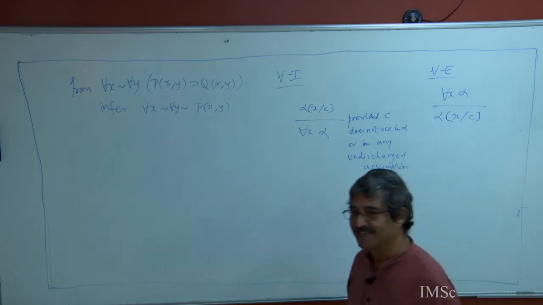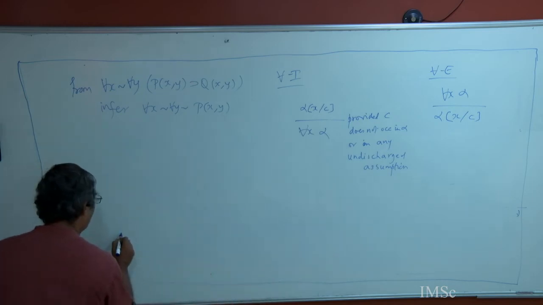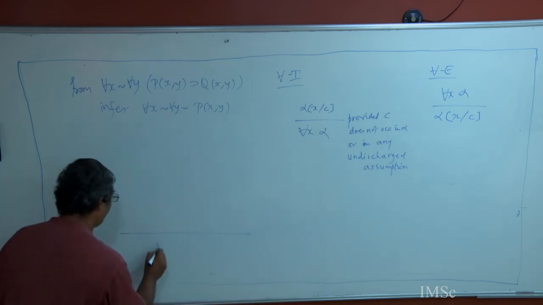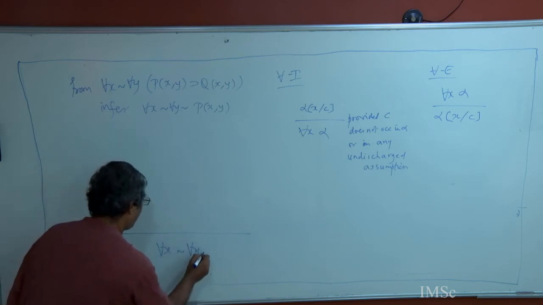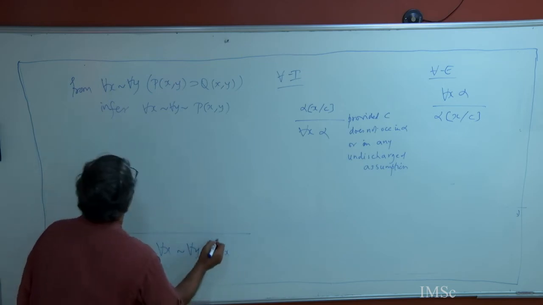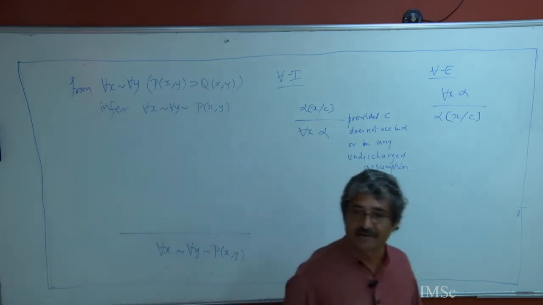So, what is it that we want to derive? Remember, in natural deduction, or sequent calculus, you always start from the bottom. So, this is a goal, right?